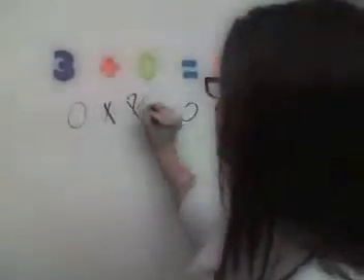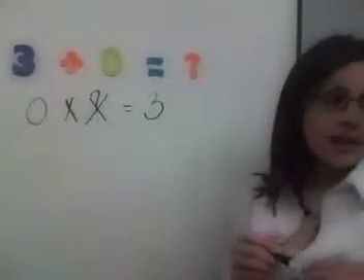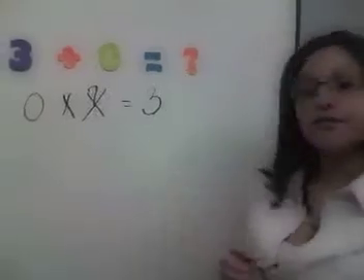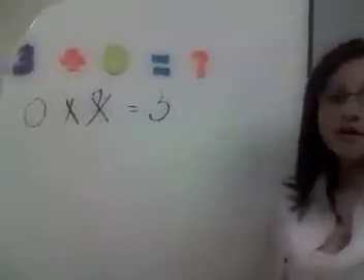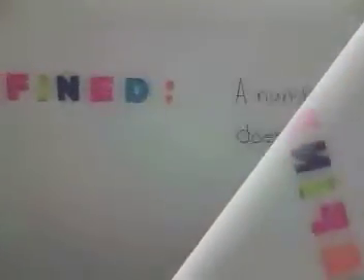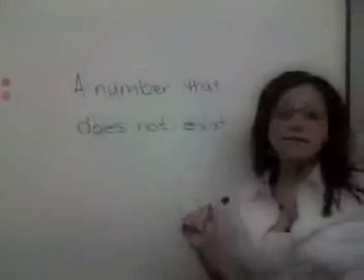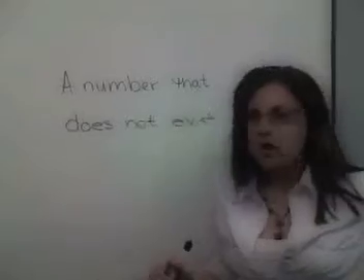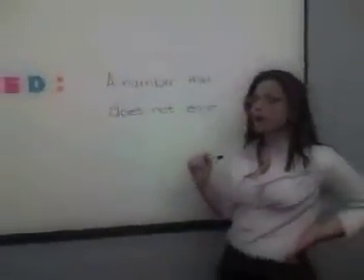Nothing. There is no number that works for this problem. So 3 divided by 0 cannot be done. It is undefined. It is a number that does not exist. Basically, you cannot divide nothing into a number. So taking us back to rule number 4, you cannot divide by 0.